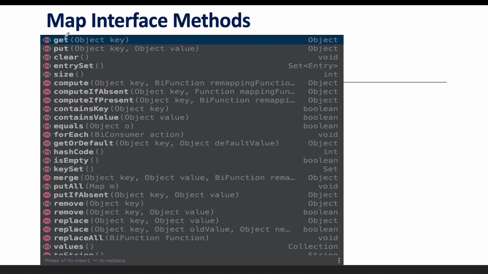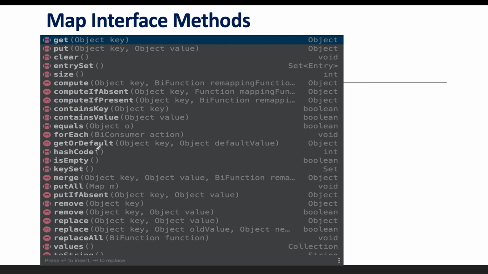Let's say we are using get and trying to get some specific value based on the key. If the data is available, it is going to return it. If the data is not available, it is going to return null. But in this case, if the data is available, it is going to return it, and if the data is not available, it is going to return the default value which we have provided. So these are very helpful when we want to return some default value if the data is not present.